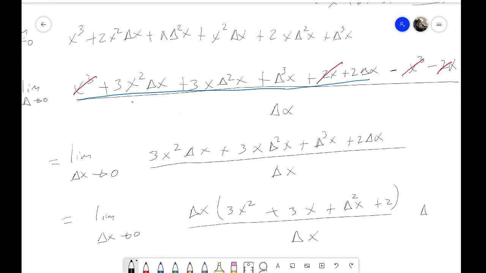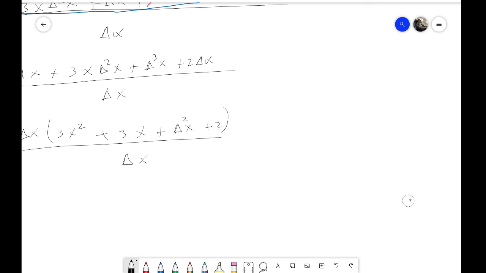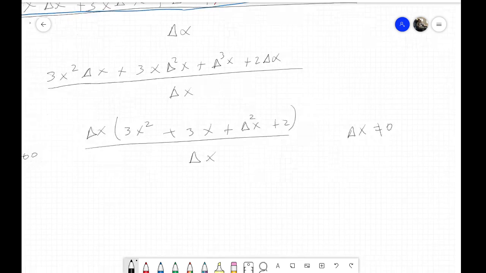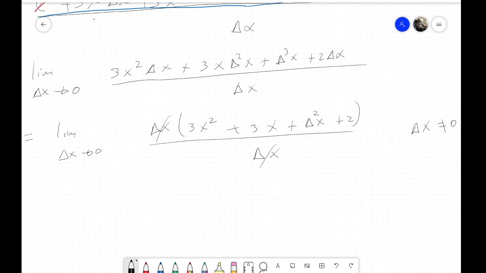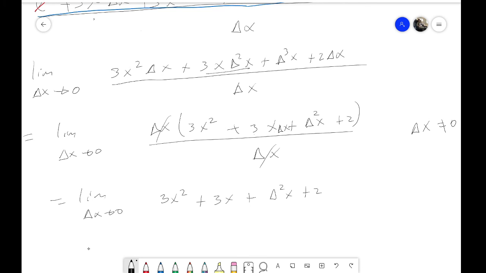Again, delta x is not equal to 0, so we can cancel. And we're left with the limit as delta x goes to 0 of 3x squared plus 3x, that 3x is missing the delta x, I forgot to write it, it's right here, plus 3x delta x plus delta x squared plus 2.